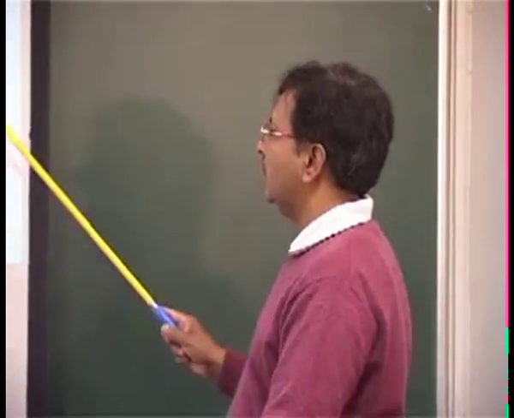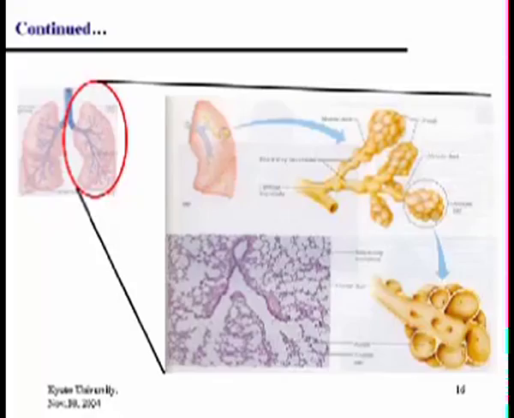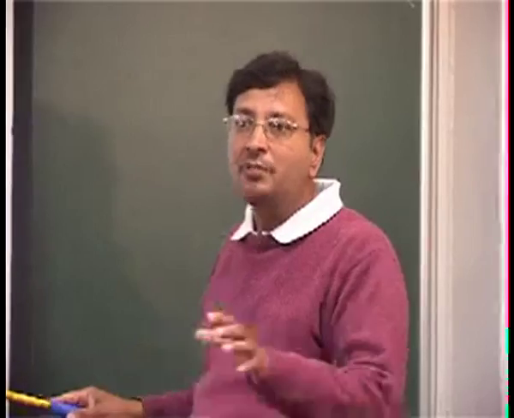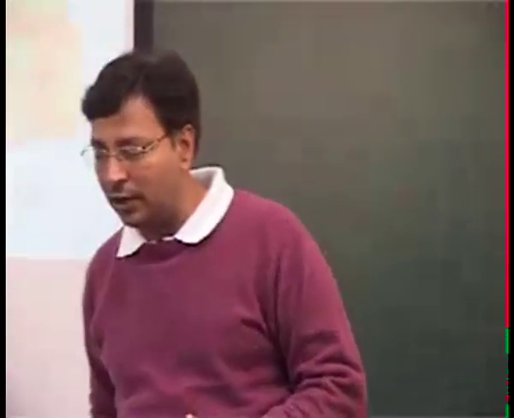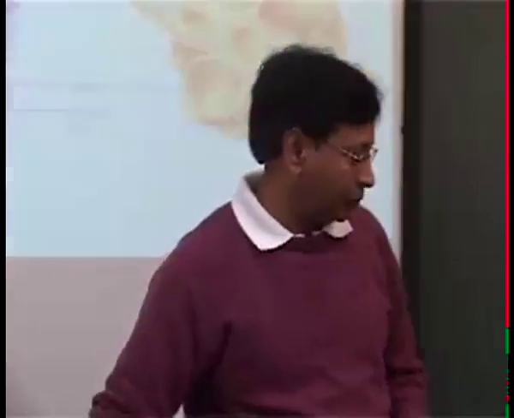So as the lungs are filled with air, as you can see, this is a membrane. The other side has all your blood streams, which will carry the blood. So what happens?